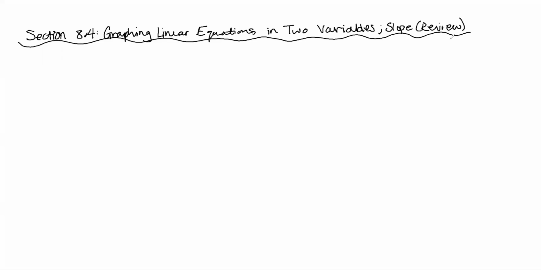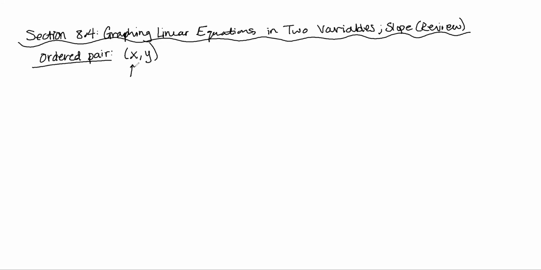And so let's go ahead and just start off with the definition of what an ordered pair looks like. An ordered pair means two, so we have an x and a y.